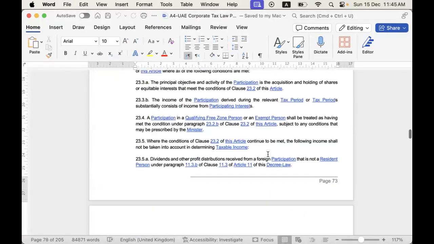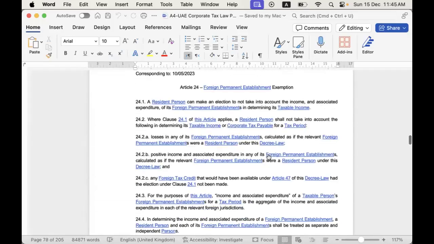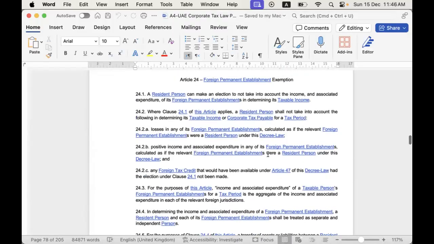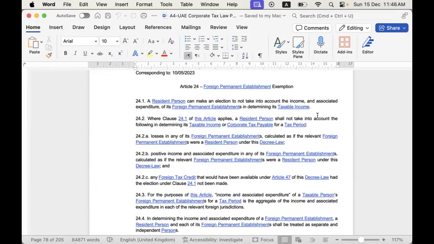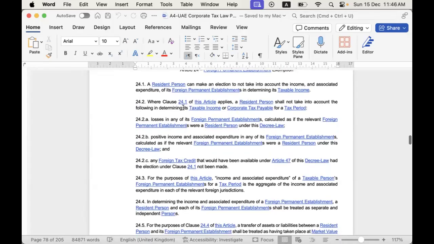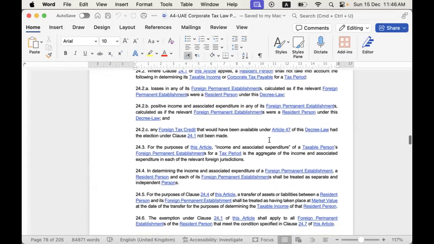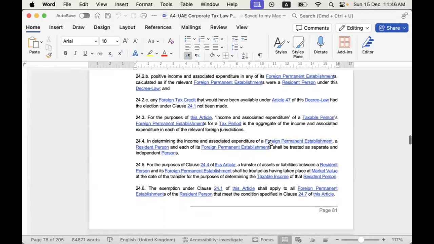Let us quickly, this is 23. Let us have a look at it, because otherwise, I cannot believe that this will not be provided for. So this is Article 24. If you continue to look at it, associated expenditure, available income.